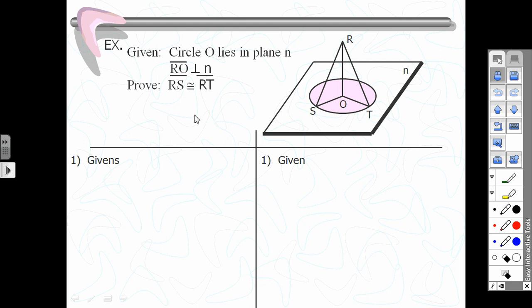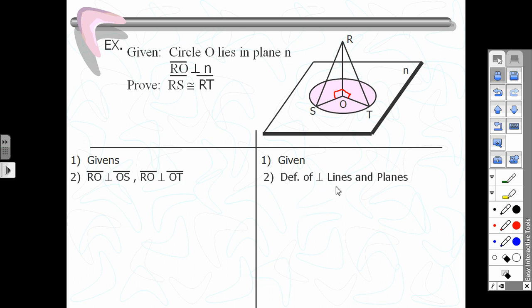So after stating the givens are given, we now know that RO, and mark it here, RO and OS are going to be perpendicular. And we also know that RO and OT are perpendicular. Okay? And so the reason that we can say that is by the definition of perpendicular lines and planes.